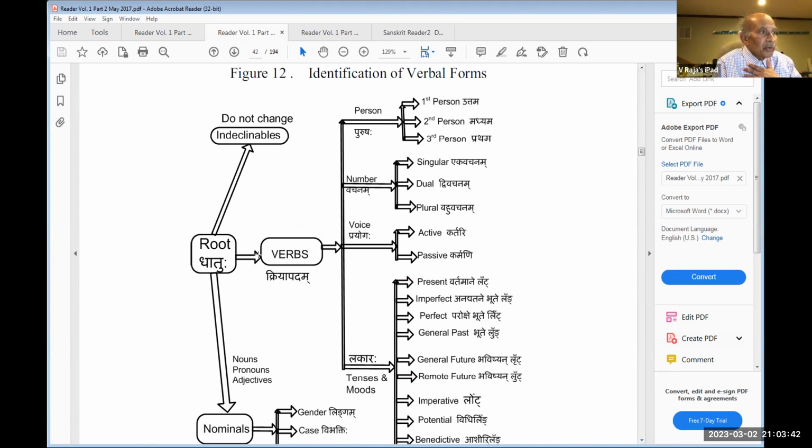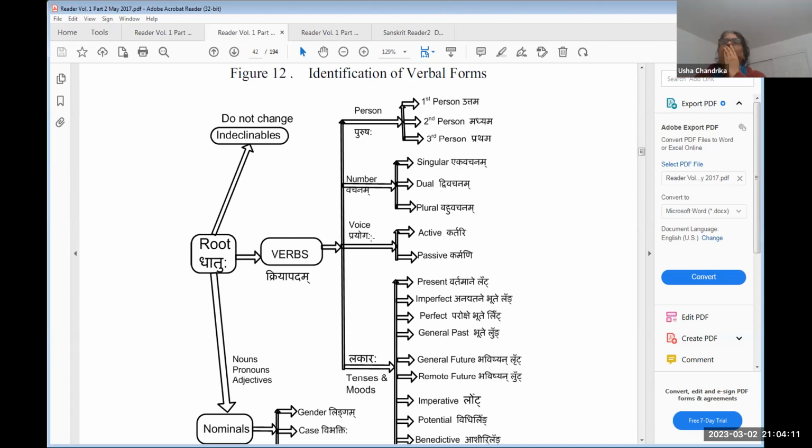Verbs, kriya padam, are derived from dhatus. They have properties. Verbs are first person, second person, or third person. In English, it's known as Pradhama Purusha, Madhyama Purusha, Uttama Purusha. Then number: Ekavachana, Dvivachana, Bahuvachana, like nouns.